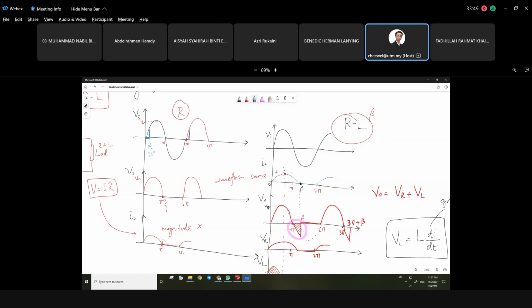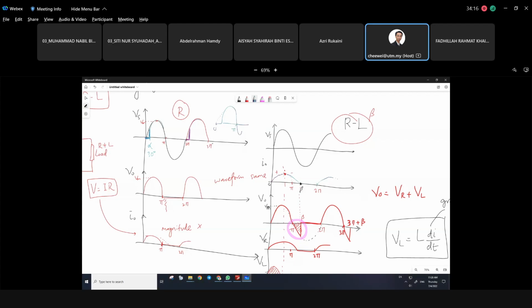So it will delay 30 degree. So this will be 0, and then the waveform continues. So it looks like this, 0 until pi. Originally, the dotted line is like this, but it's delayed a little bit. Same thing goes to the RL load as well.